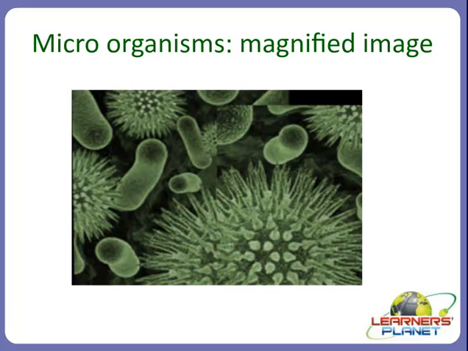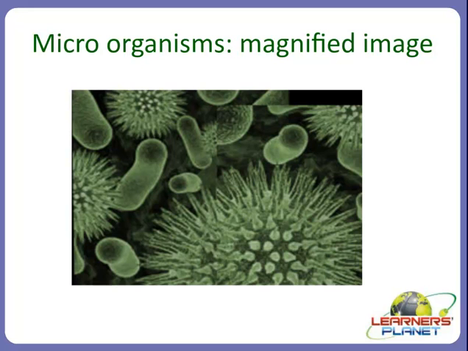Besides, their surface could be smooth or it could be rough. And when we are magnifying it, that means we are increasing the size of its image. We cannot increase the size of the organism directly. We can only magnify its image so that we can observe and study them thoroughly.